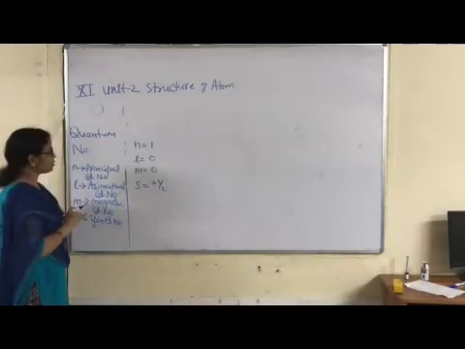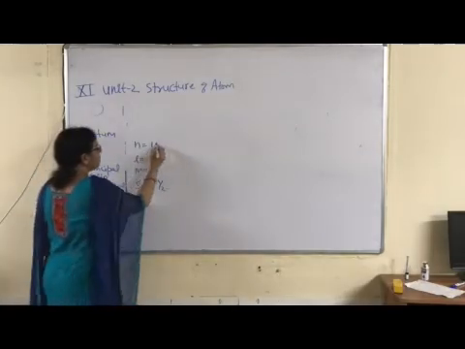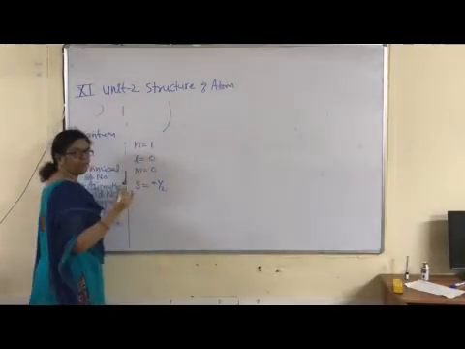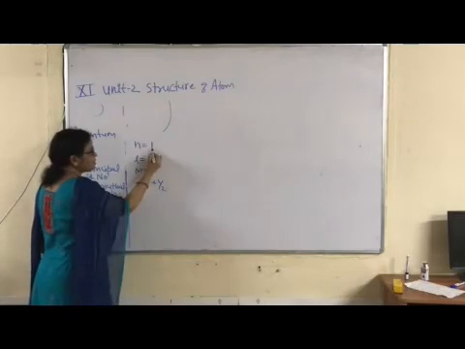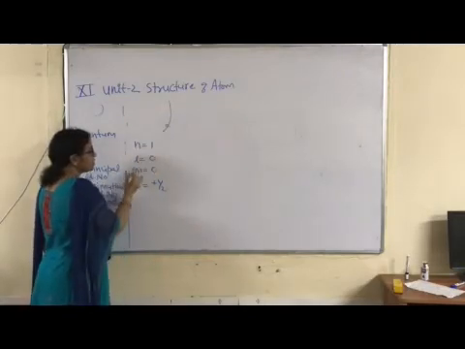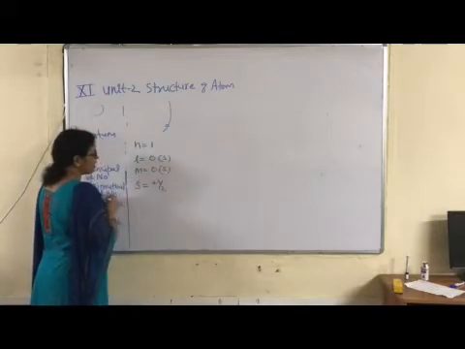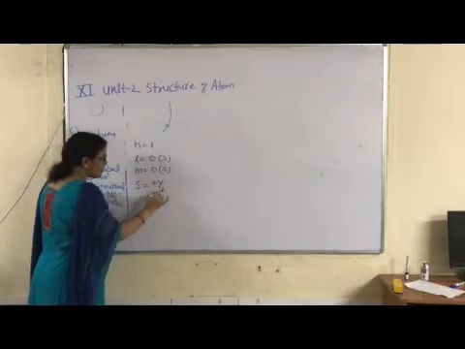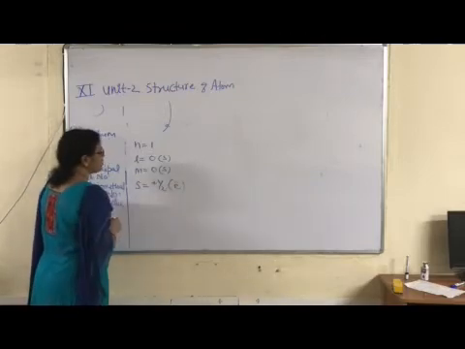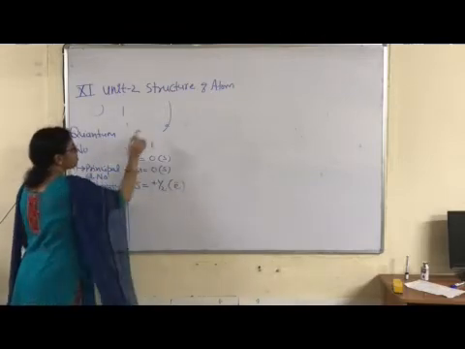Which subshell is possible? As you know, principal quantum number indicates number of orbit. It means electron is present in first orbit. L is equal to 0, subshell is s. M is equal to 0, orbital of s. S is equal to plus half, only one electron is present in first orbit.